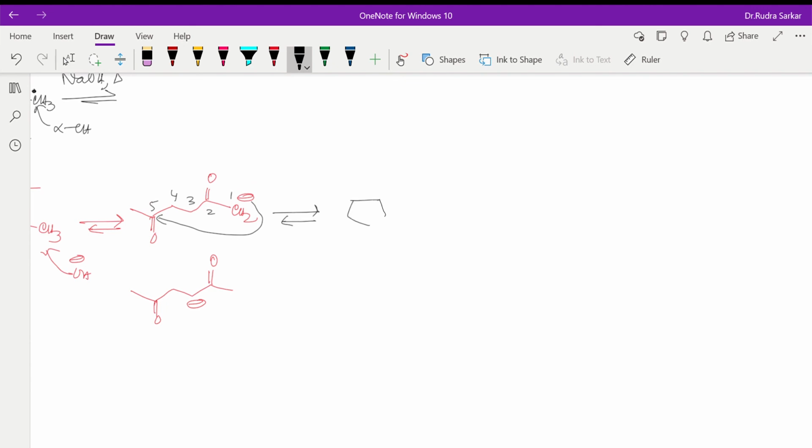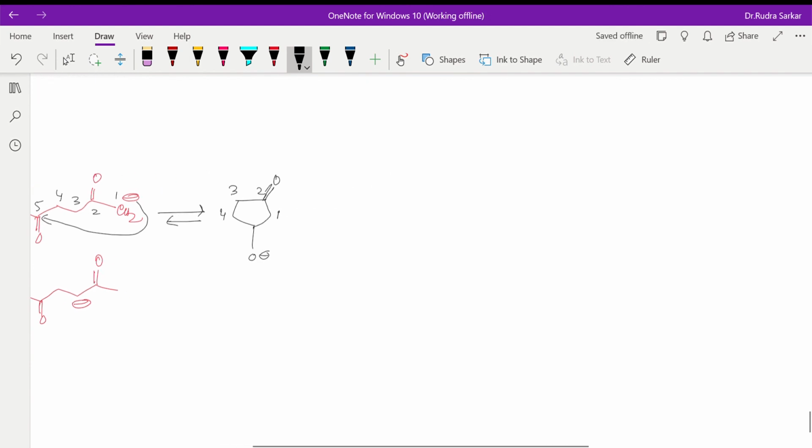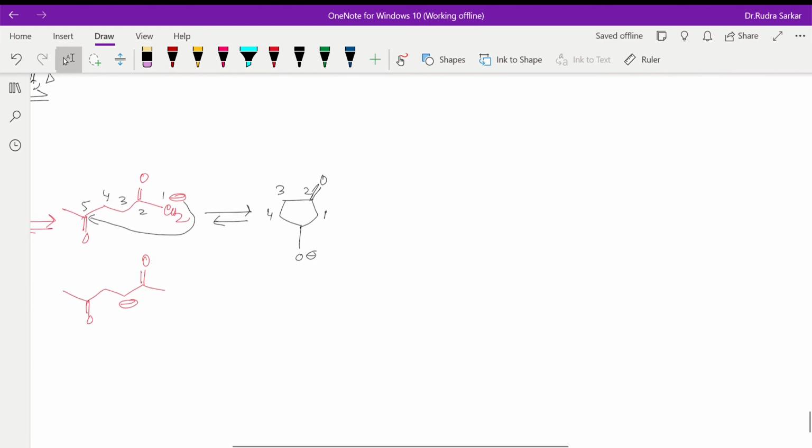Draw the 5-membered ring without thinking anything. This is number 1, number 2, 3, 4, and the 5th is having O minus and a methyl group. Proton transfer.